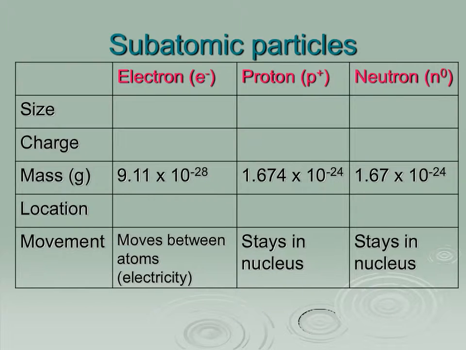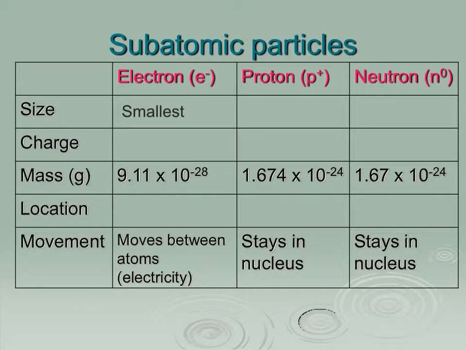So here we have our 3 subatomic particles. Sub meaning smaller than, atomic meaning atom. So smaller than the atom is going to be our electron, our proton, and our neutron. When we talk about the size of these, it's very important that we know that the electron is going to be the smallest.